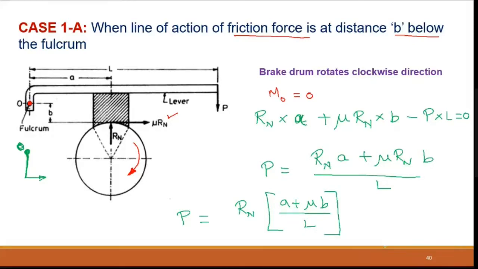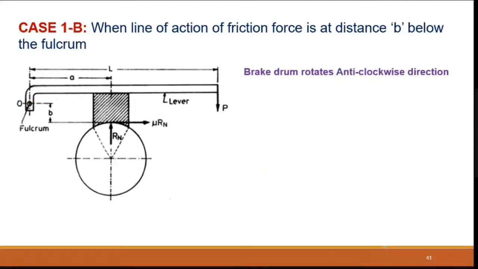So this is the first case, when your brake drum is rotating clockwise. Then we go for the next case. Same thing: let me consider your brake drum is rotating anti-clockwise. When the brake drum is rotating anti-clockwise, is this force applicable now?